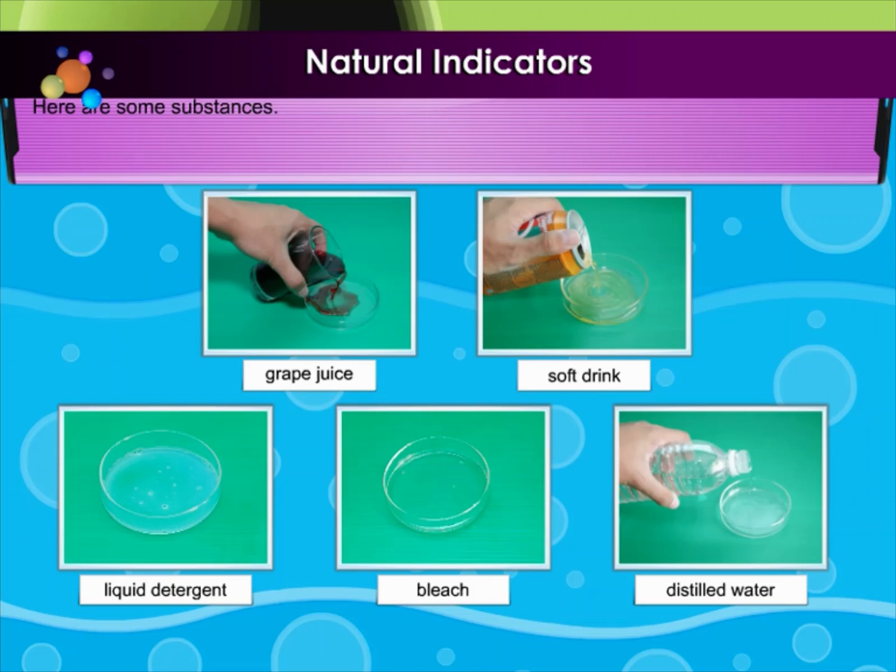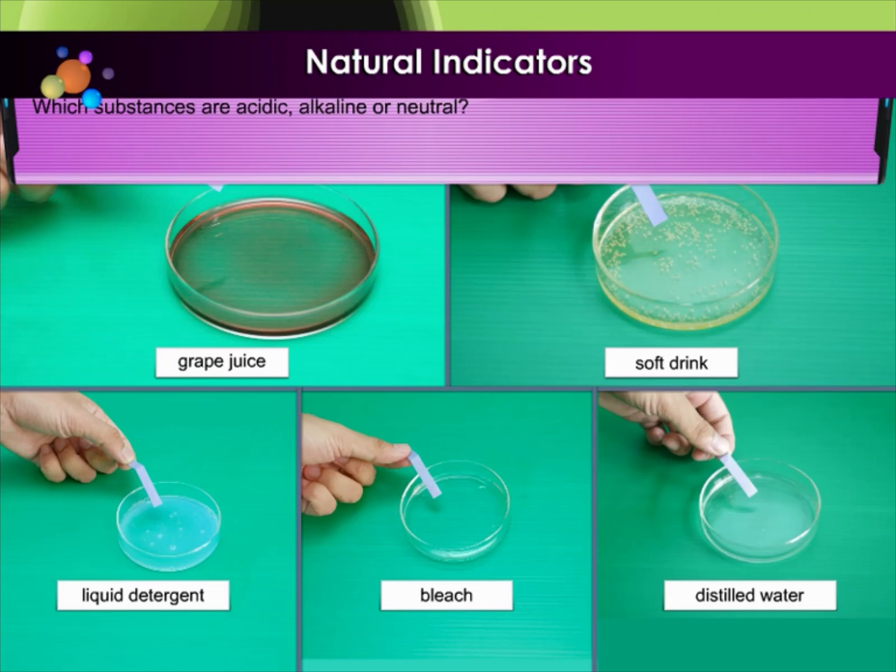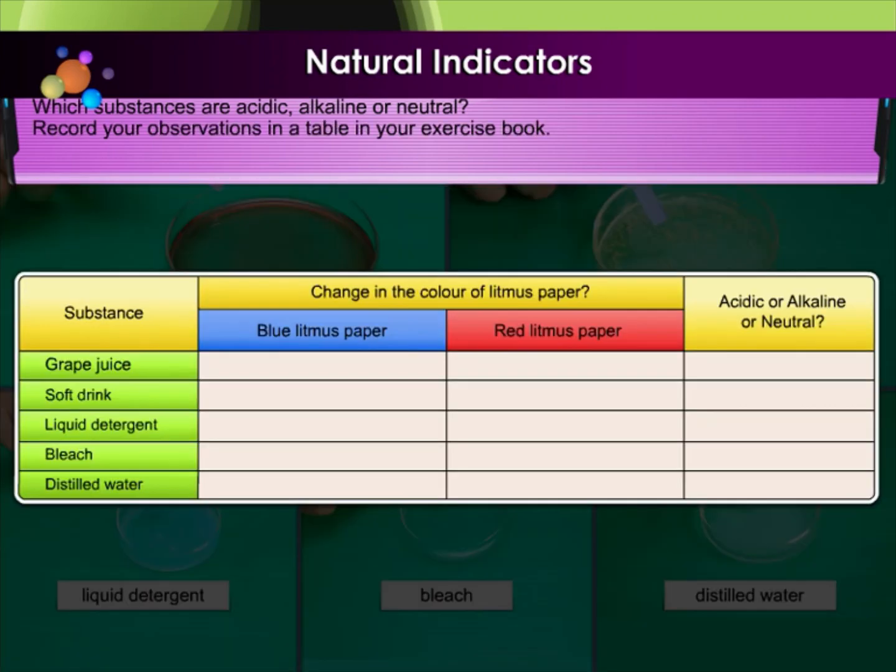Here are some substances. Put the blue and red litmus papers into each substance. Observe the change in the color of the litmus papers. Which substances are acidic, alkaline, or neutral? Record your observations in a table in your exercise book.